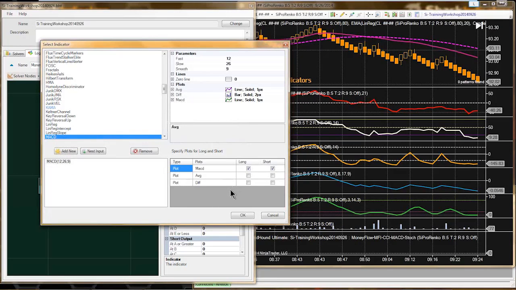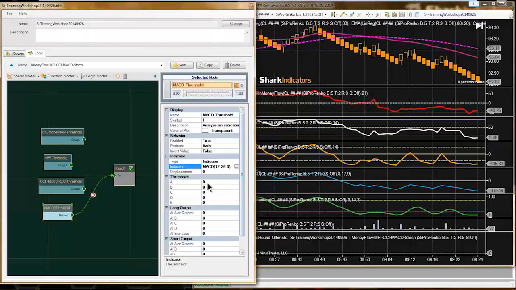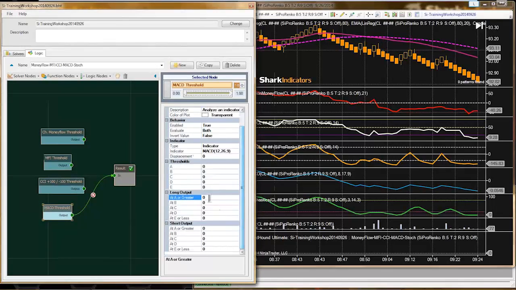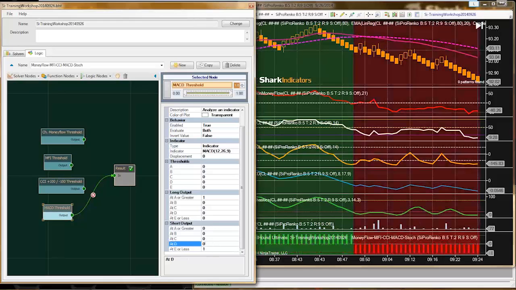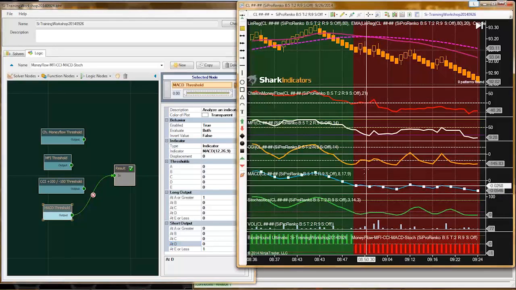I think we're using the default settings. And we're just looking for the MACD to be above or below the 0 line. So all of our thresholds are set to the 0 line, like so. Once again, just like the other ones, we're going to set our long side at A or greater, and we're going to set our short side at E or less. Turn that on.